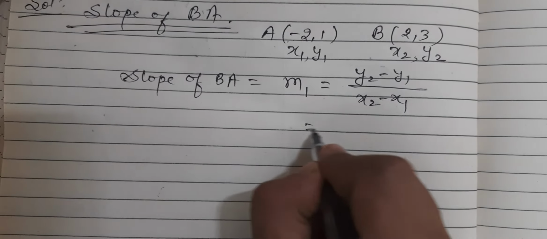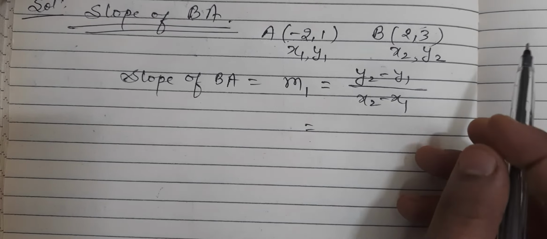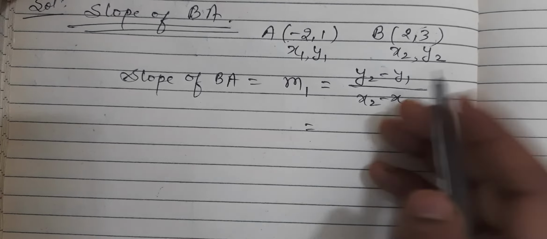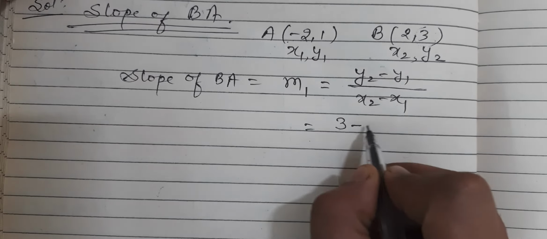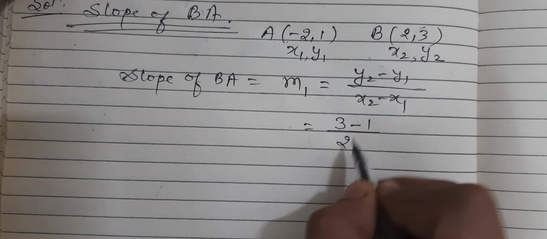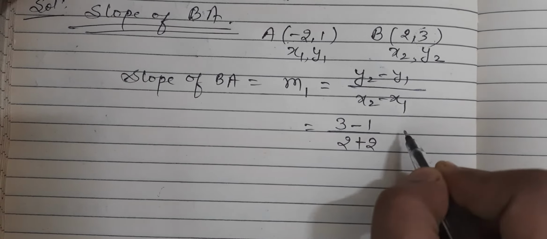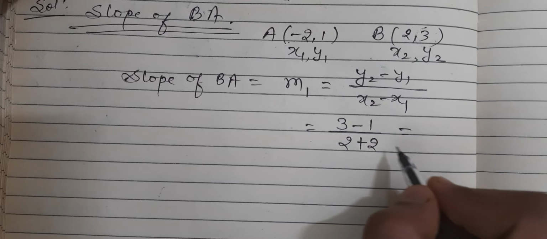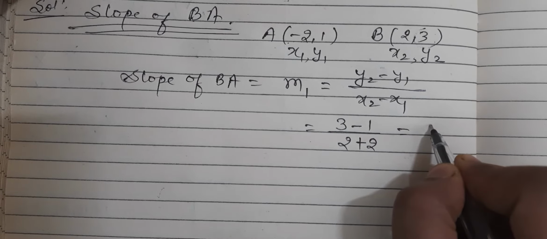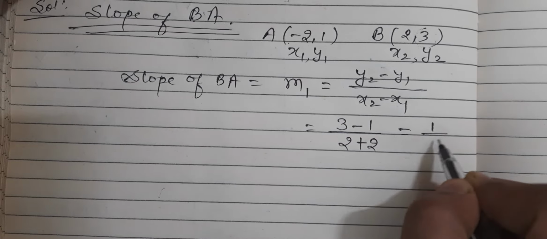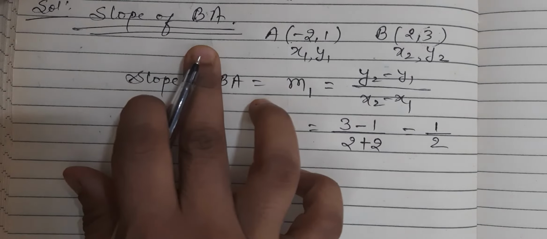Simple. Now we'll put in the values. Be careful when you put the values. y2 is 3, y1 is 1, x2 is 2 and x1 is not 2, it's minus 2, so minus minus becomes plus. So the slope will be 2 by 4, which means 1 by 2. This is the slope of BA.